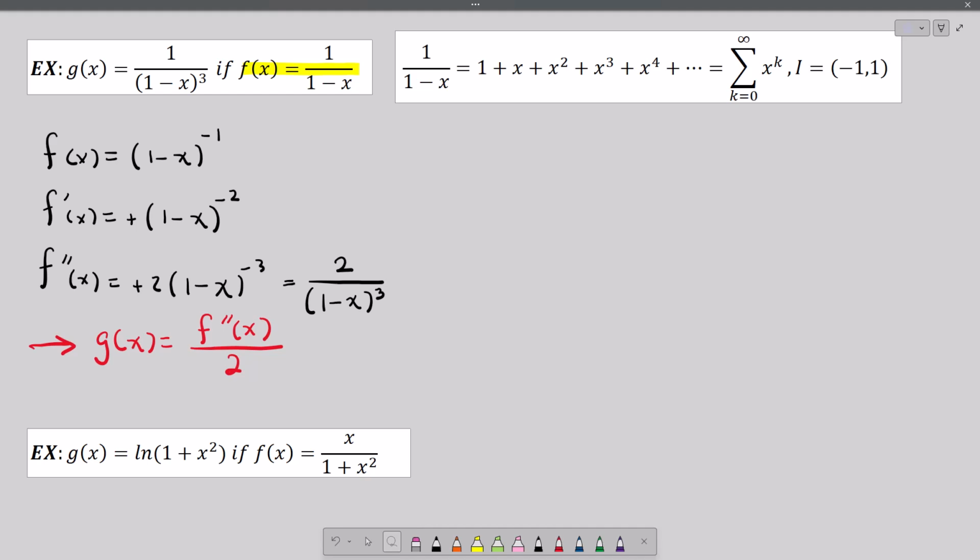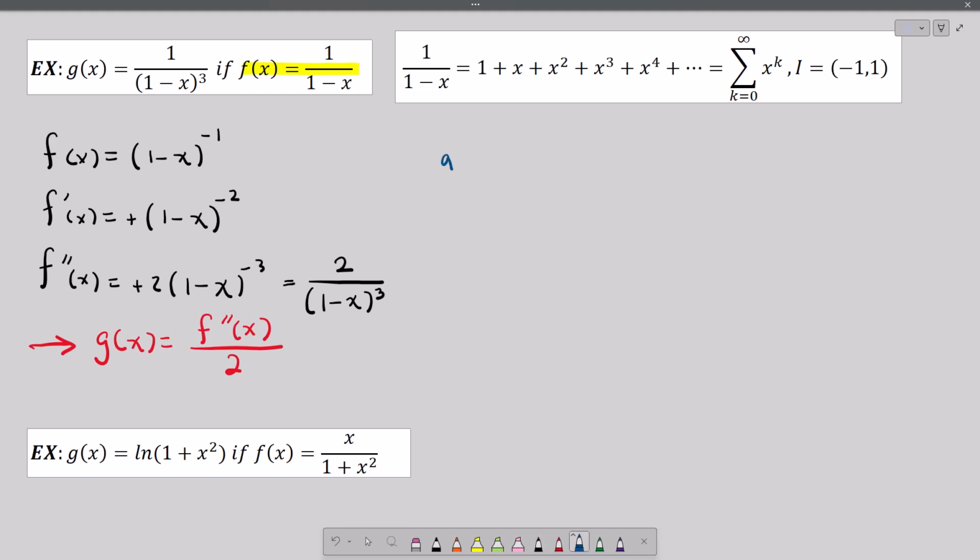So we did it with the function. Now we have to do it with the power series. We have to do derivative, divide by 2. So let's come over here. We've got this power series right here. We're going to have to differentiate it twice and then divide by 2. So let's write it this way.